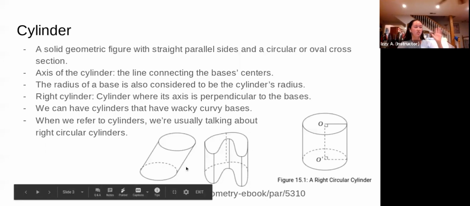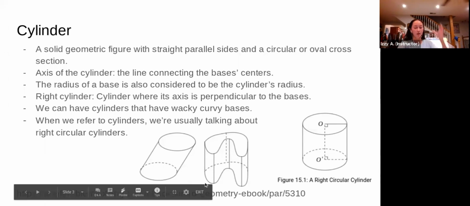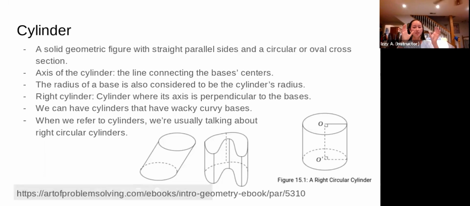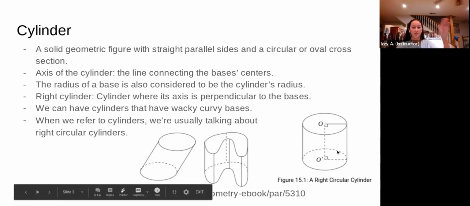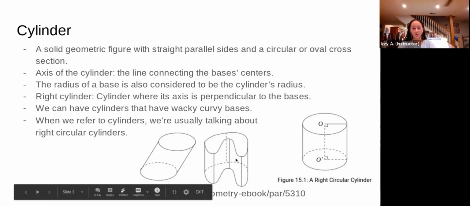So basically, for a cylinder to be a cylinder, it just has to have a top and bottom that are parallel to each other, and then the rest, the height portion, is just curved. So this has a curved inside shape, because it's a circle, and this one is also curved, and this one is also curved, if that makes sense.